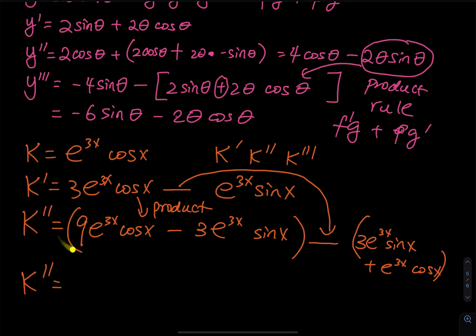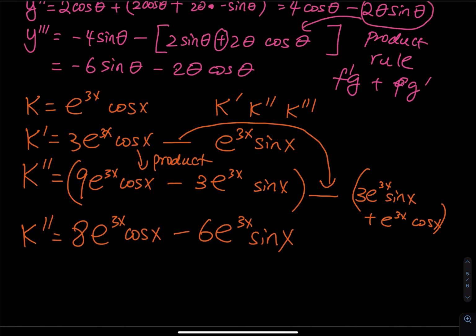So we have a 9, and then minus a 1. So that is an 8. e to the 3x cosine x, and this is a minus 3 minus another 3, which is a 6. Yep, clean up. Now we are ready for the third derivative.